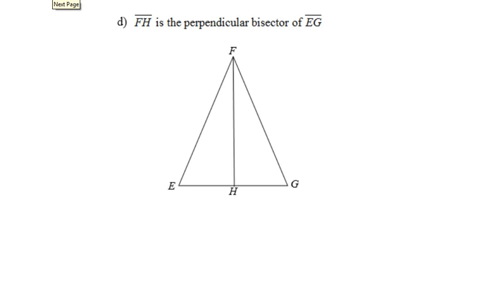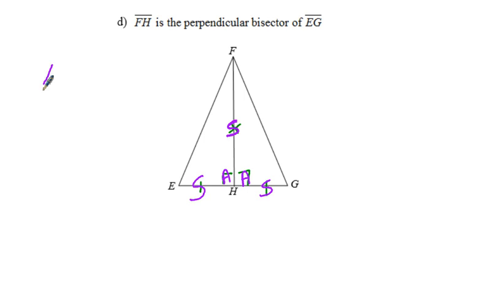Let's put it all together. FH is perpendicular to EG and bisects EG, and the two triangles share this side right here. So now let's ask, are the triangles congruent? Let's see. Side, angle, side, matching side, angle, side.